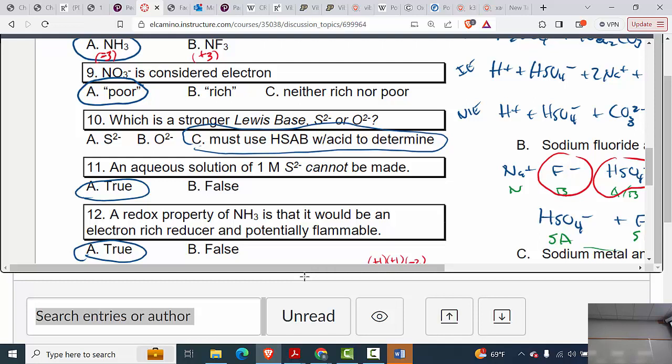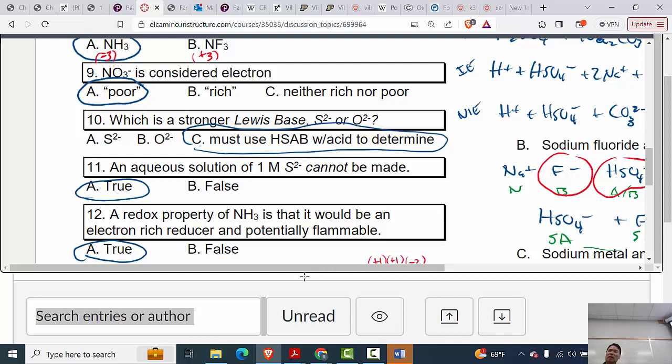If this question were which is a stronger Bronsted base, then it would be easy. Which one's the stronger Bronsted base? Oxide or sulfide? Oxide. We don't really have to look at the chart.